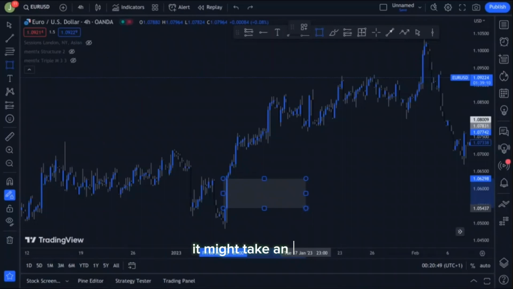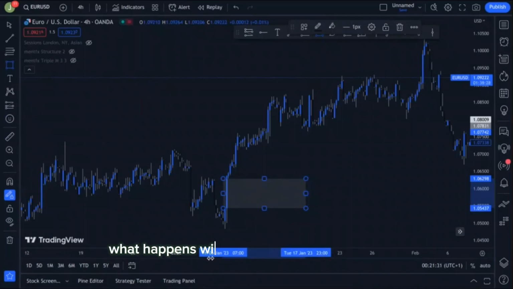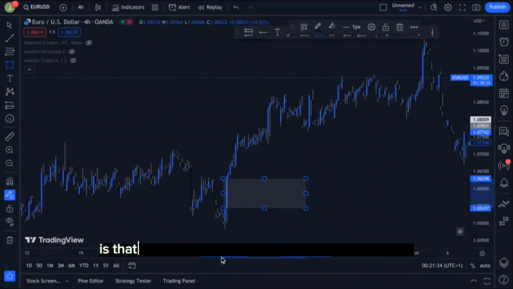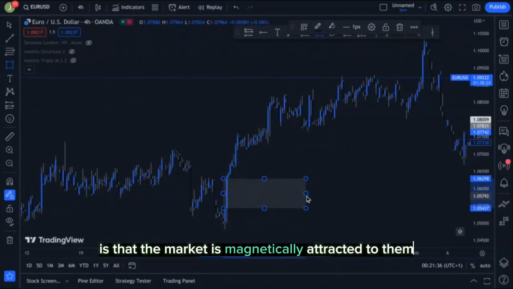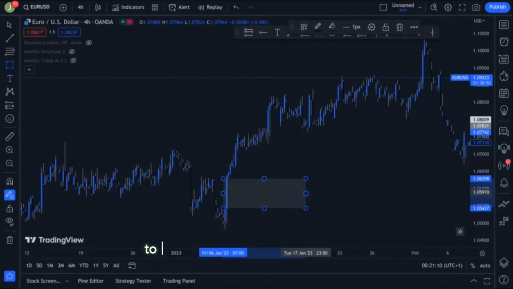It might take an hour, 2 weeks, a week, a day, a month, but it must come back to that zone and fill it. It doesn't matter when, but it always comes back to fill it. And what happens with imbalance or fair value gaps is that the market is magnetically attracted to them, and it can come back later on to balance those markets effectively.